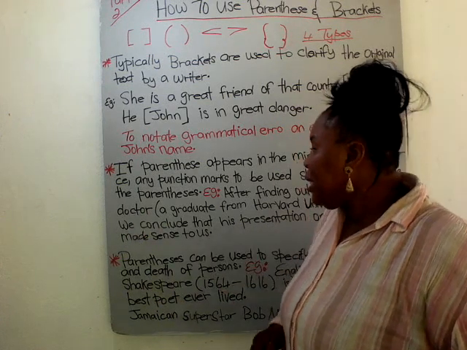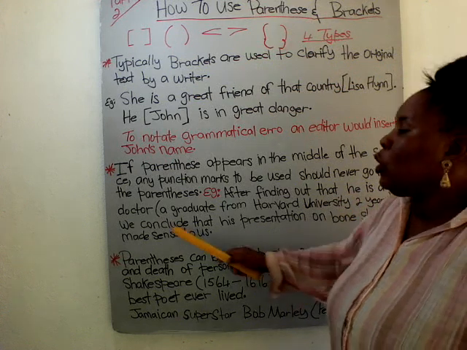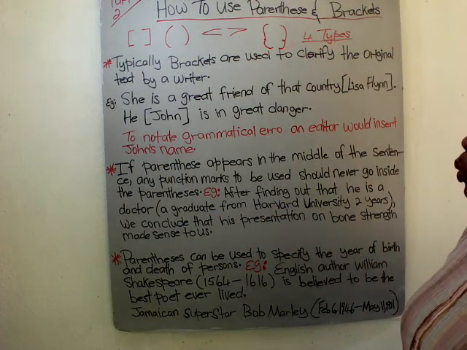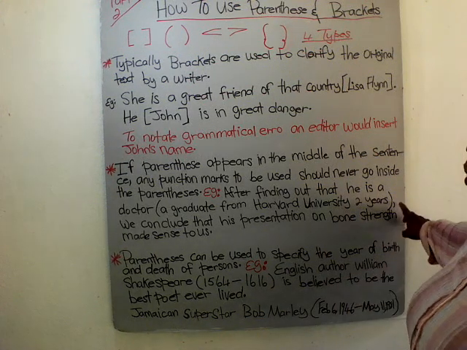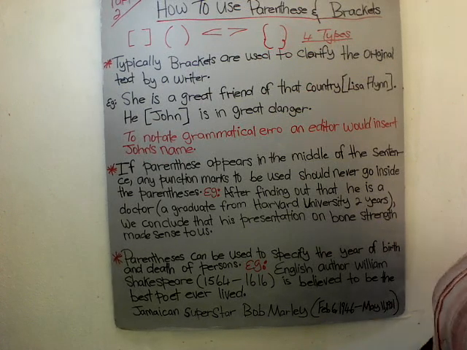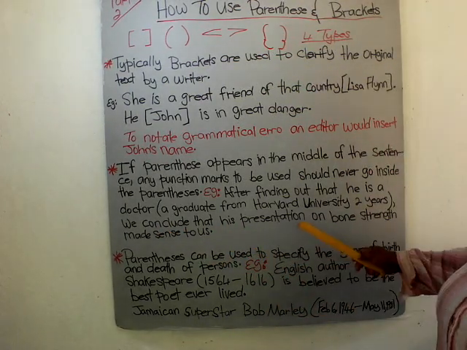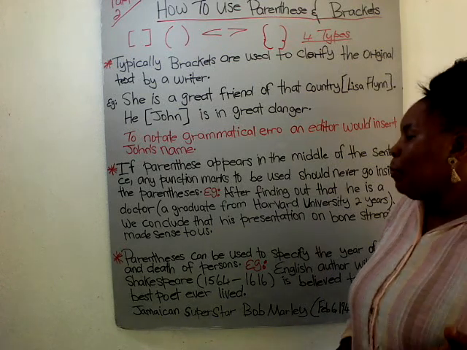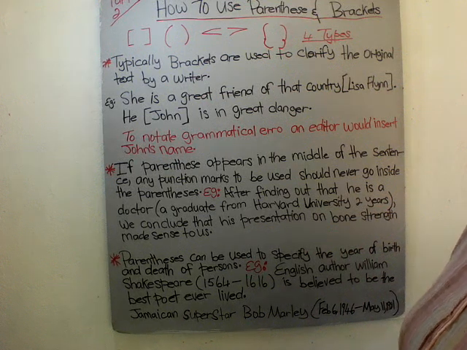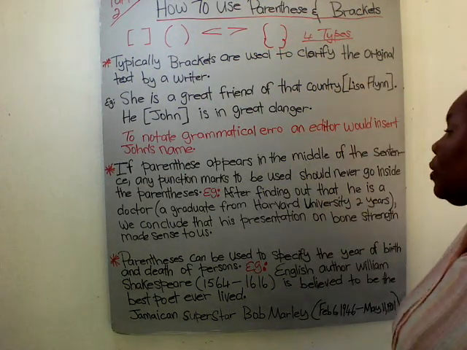So as this sentence reads, after finding out that he is a doctor, a graduate from Harvard University, 2 years, you put the comma outside of the parentheses, as it is placed there. We conclude that his presentation on bone strength made sense to us.